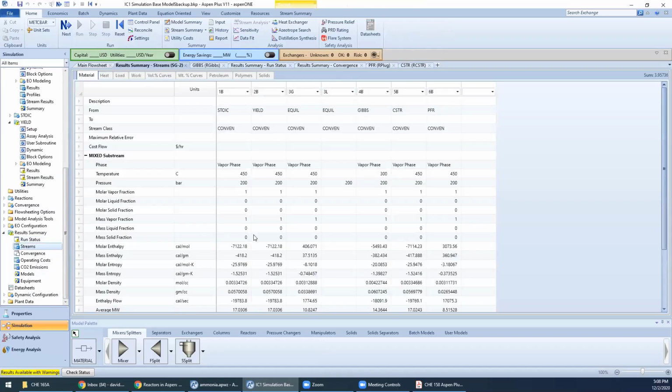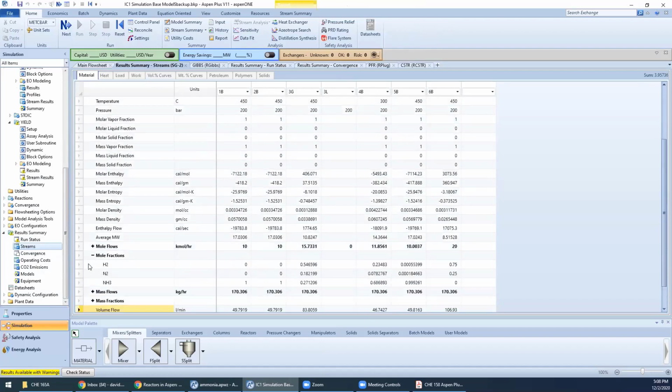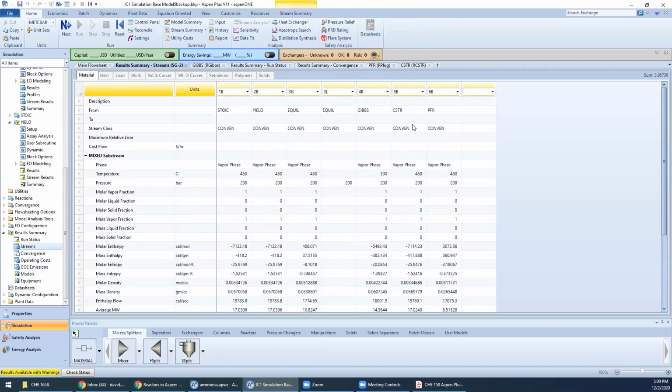Take a look at our streams and mole fractions. So the reaction does happen pretty quickly. This changed a little bit, but it was at the 4th decimal point for the CSTR when we went from 1 hour down to 0.1 hour, or 60 minutes down to 6 minutes.